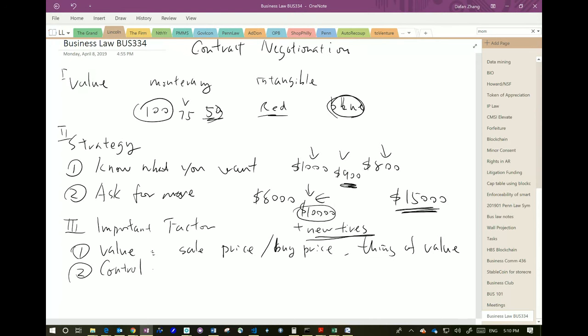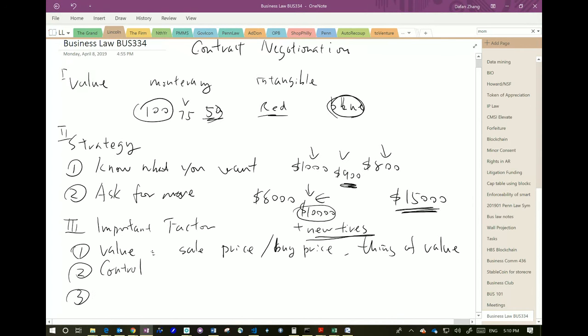So you should try to retain control if you are the owner of a company and somebody wants to invest in it. On the other hand, if you are investing your money into somebody else's business, you want to have some sort of control, because if you don't watch what they do, maybe they take your money and run away, or they waste your money and you don't get it back. So control is a very hotly contested issue.